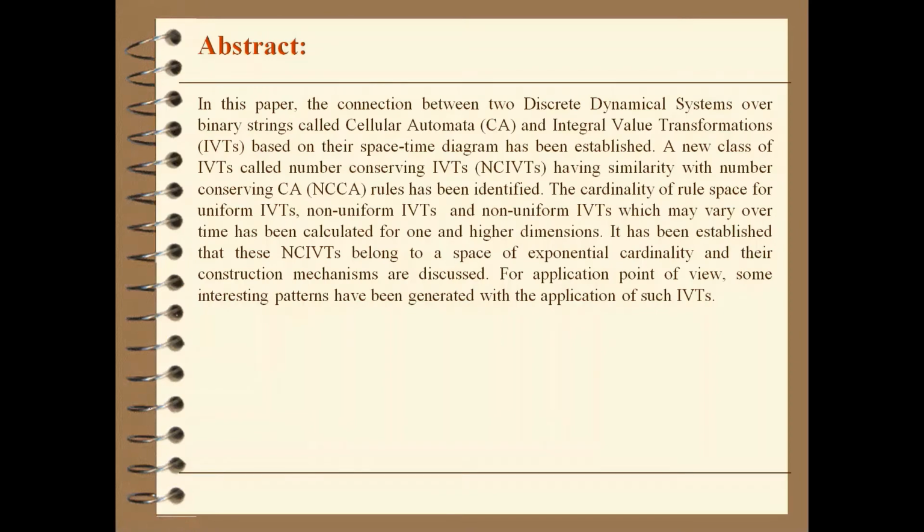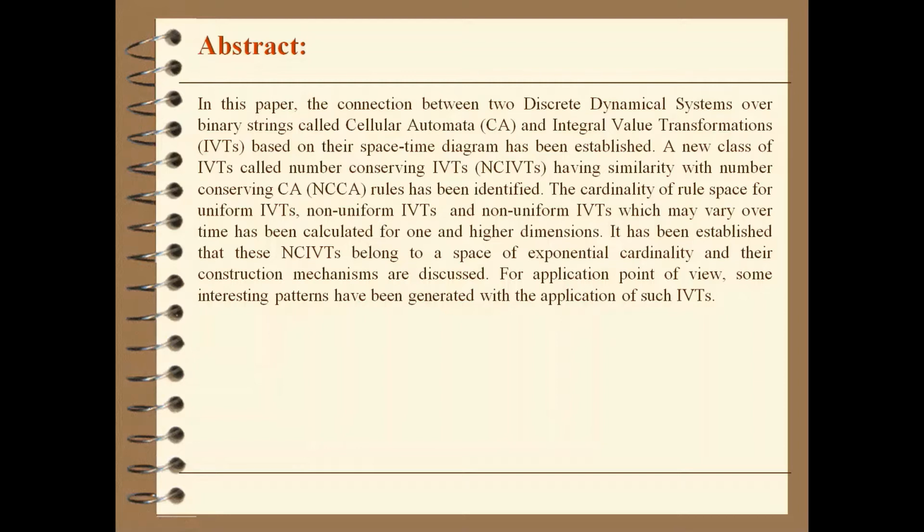And this is the abstract. Basically, we have studied the connection between two discrete dynamical systems. One is cellular automata and another is integral value transformation. In literature, there is a concept of number conserving cellular automata rules. With the similar concept, we have identified number conserving integral value transformation.